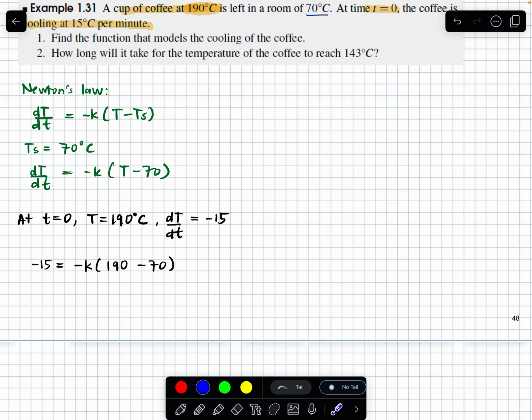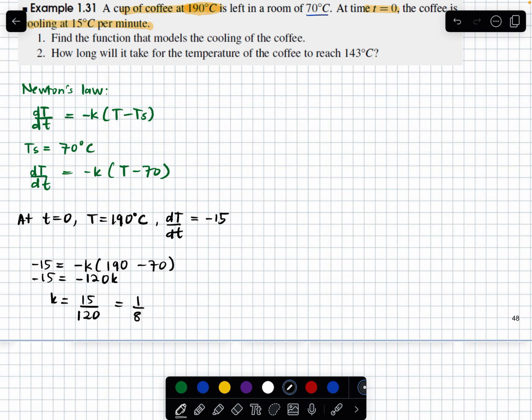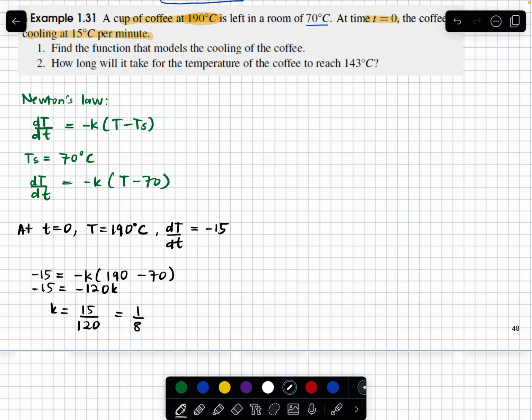So we replace the value of dT/dt and also capital T at t equal to 0. Then we solve this. We obtain negative 120k, and then k can be simplified as 15 over 120. It also equals 1 over 8. Now you obtain your k, which is 1 over 8.